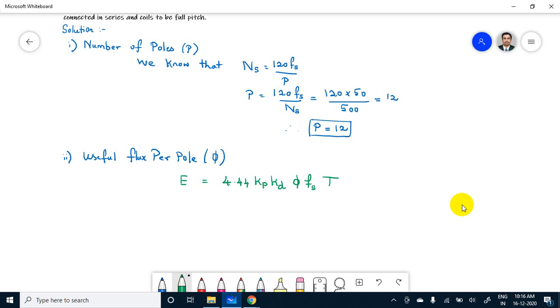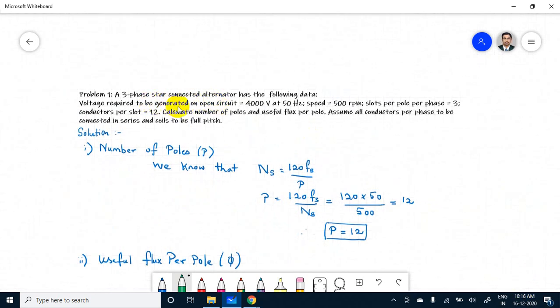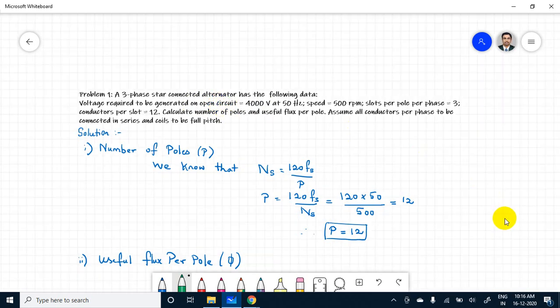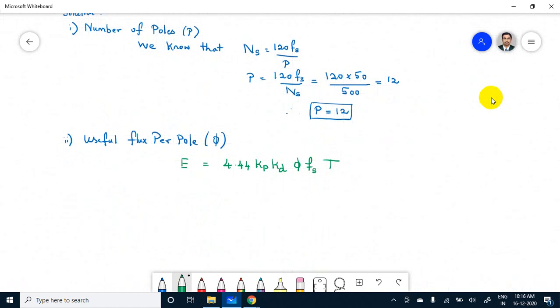This E value will be the generated EMF, but as per your question they have mentioned the generated EMF on open circuit is 4000 volt. Okay, this 4000 is the generated voltage. So this value will be a line voltage, E line.